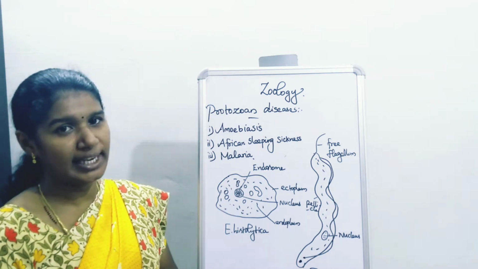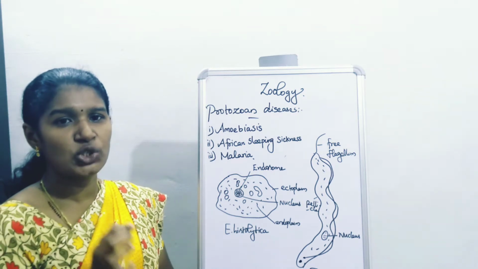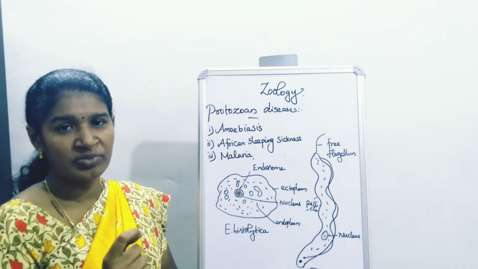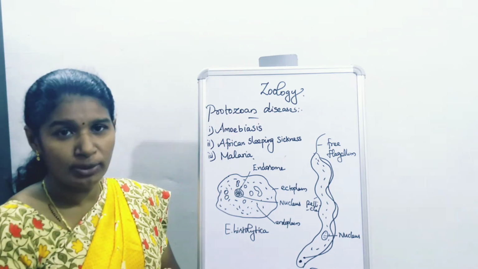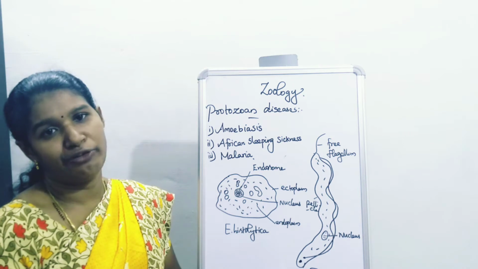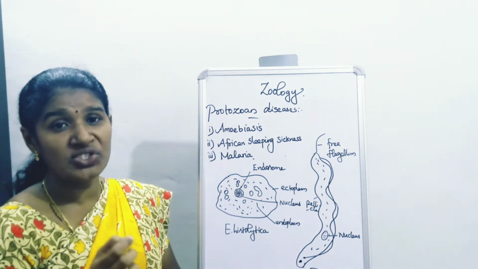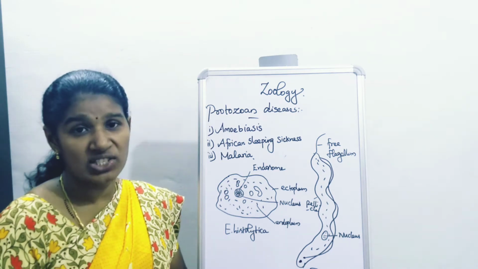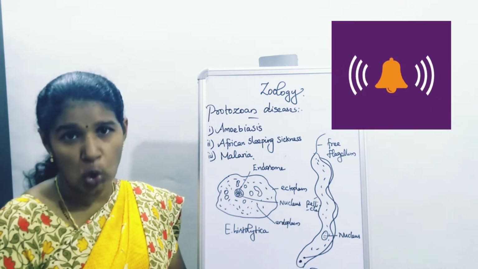Entamoeba histolytica affects the human intestine, and it takes food particles and bacteria as food. The infective stage, the trophozoite, affects the large intestine, which is a part of the colon.